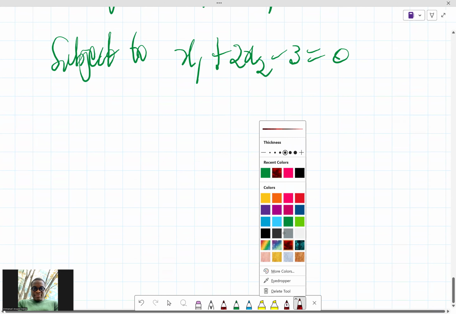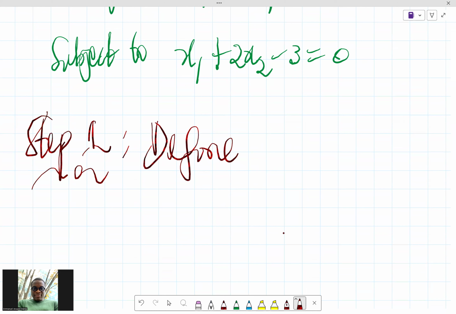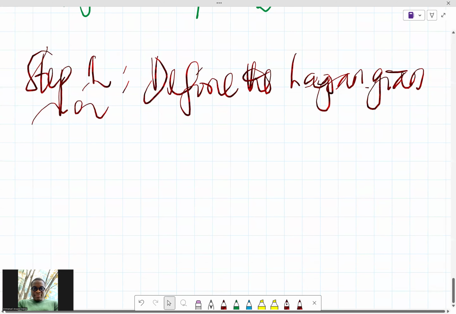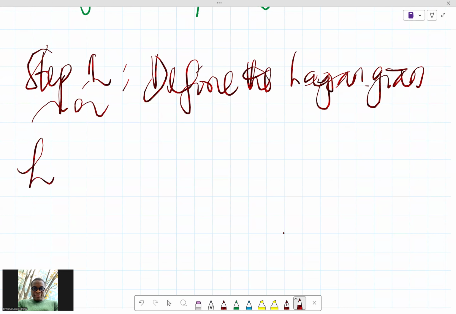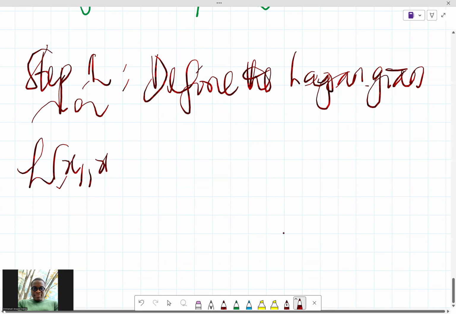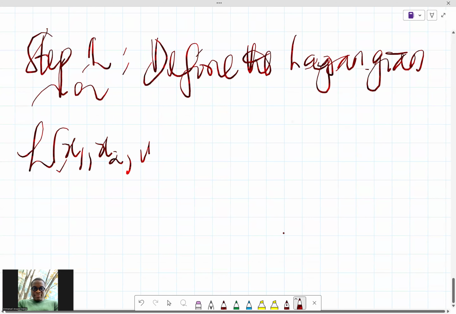We go for step 1. For step 1, we need to define the Lagrangian. Okay, so the Lagrangian is simply, I like to use this special L of x1, x2. Since it is an equality constraint, here we use mu, not lambda. For an inequality constraint, we use lambda.